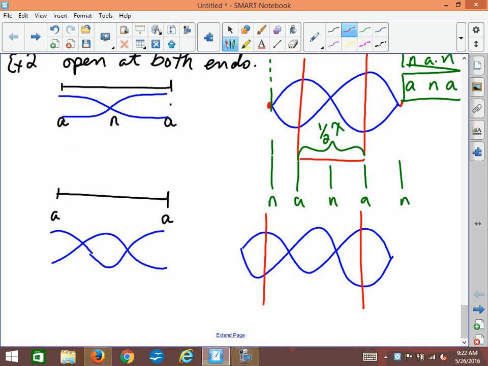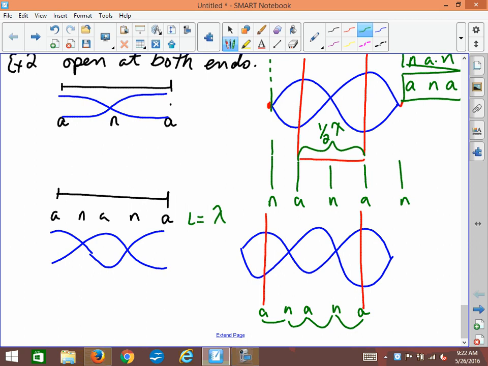Well, remember, if this is an antinode, and this is a node, and this is an antinode, and this is a node, and this is an antinode, because that is the pattern that would work here, antinode, node, antinode, node, antinode. There's a quarter wavelength between each one. So 1 quarter, 2 quarters, 3 quarters, 4 quarters. It's still a length of 1 wavelength. The length is still 1 lambda.